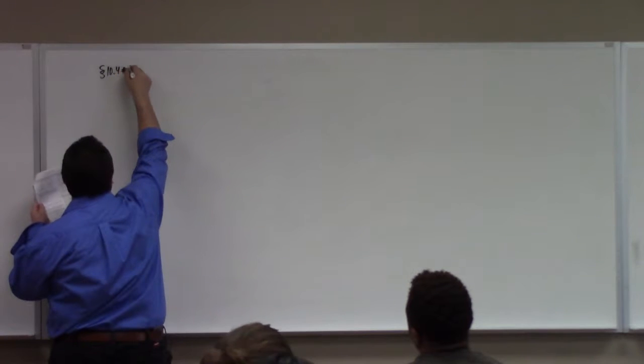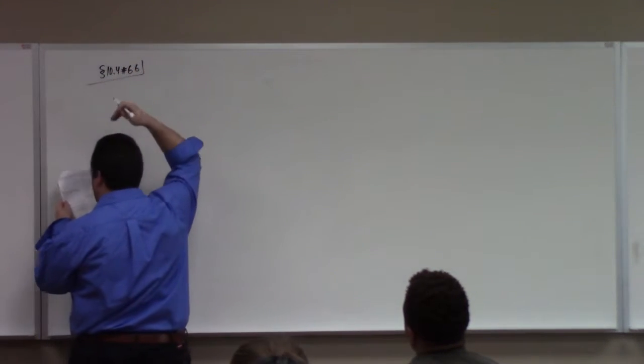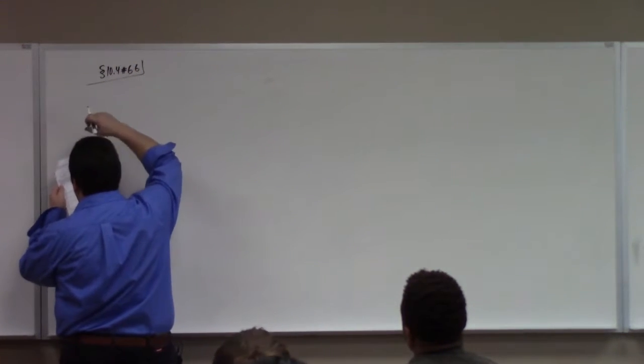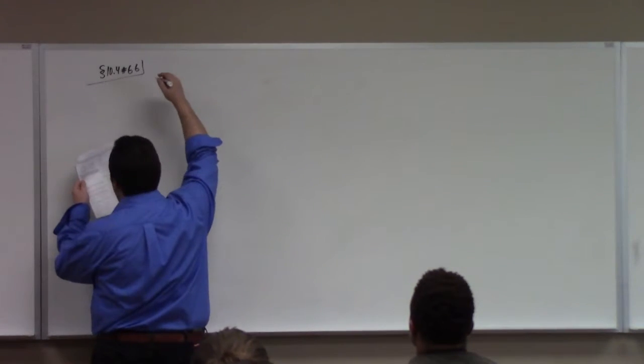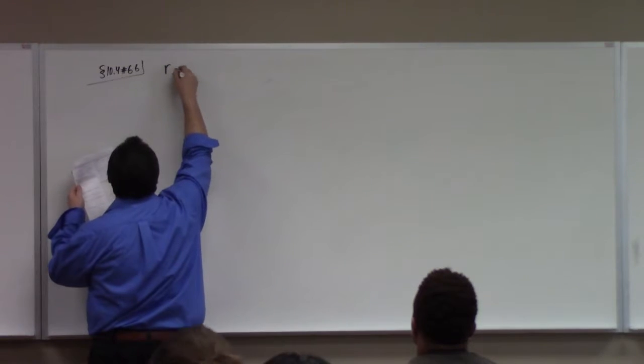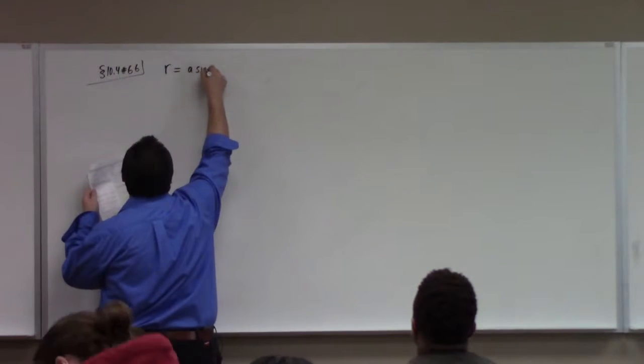10.4, number 66. We are asked to find horizontal and vertical tangents, if any, to the polar curve r equals a sine theta.